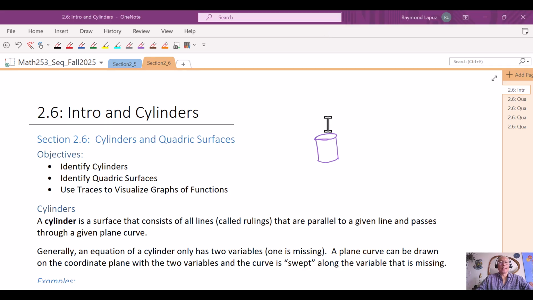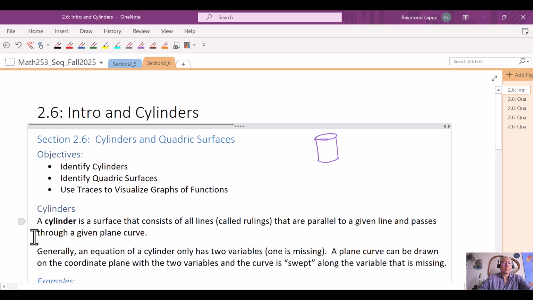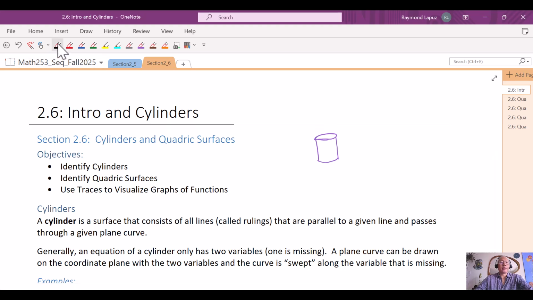But we're going to extend our definition of cylinders and take a look at them from a mathematical point of view, described by equations. So the formal definition, or at least a definition in the book: a cylinder is a surface that consists of all lines, called rulings, that are parallel to a given line and pass through a given plane curve.